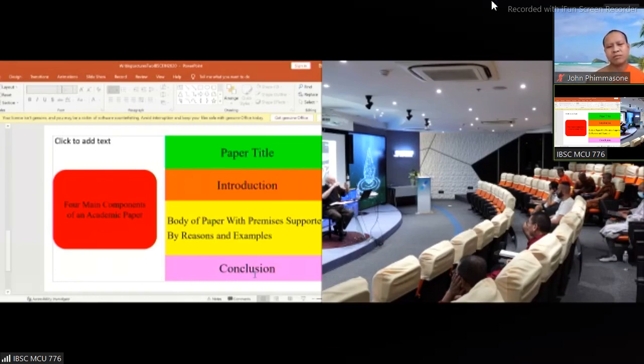You put your premises right there and your conclusion right there. And then you develop reasons and examples for each premise going down the line. It's something people do. It's a process. And finally, the conclusion. The thesis, if it is well crafted, will follow logically from the premises.